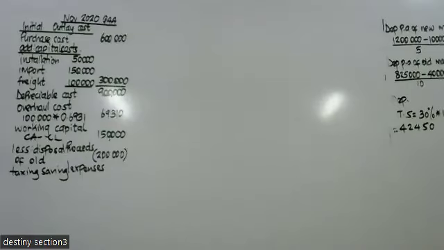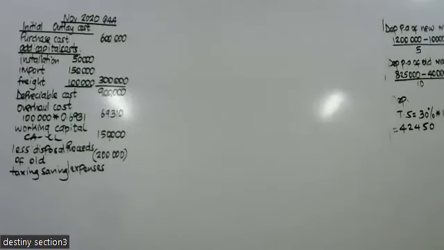According to this, you need to get 3.3. The net book value is 200.